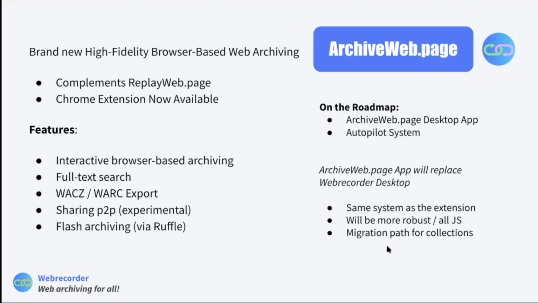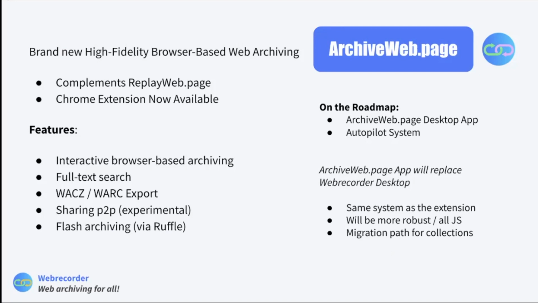And the extension is already available, so you could install it in your browser today. And essentially, it will archive exactly what's being loaded. And I'll do a brief demo of it later. Oh yeah, with the new app, we'll also have a migration path for those that are using Webrecorder desktop today to migrate to the new Archiveweb.page app.